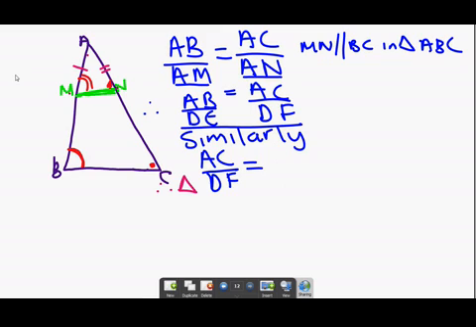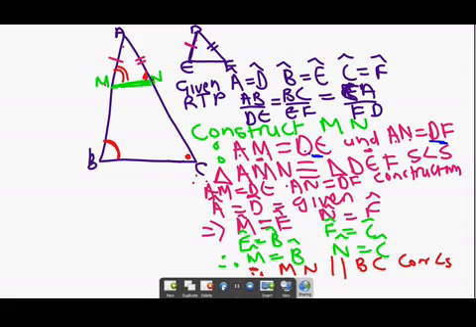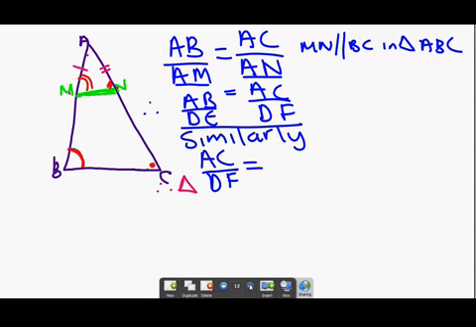Yes, we need the third side. So AC over DF is equal to BC over EF. So you just write similarly and then you can continue. That's how we prove similarity.